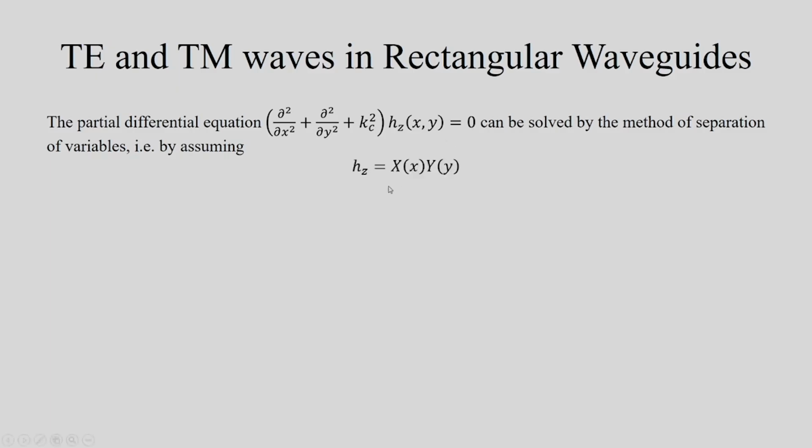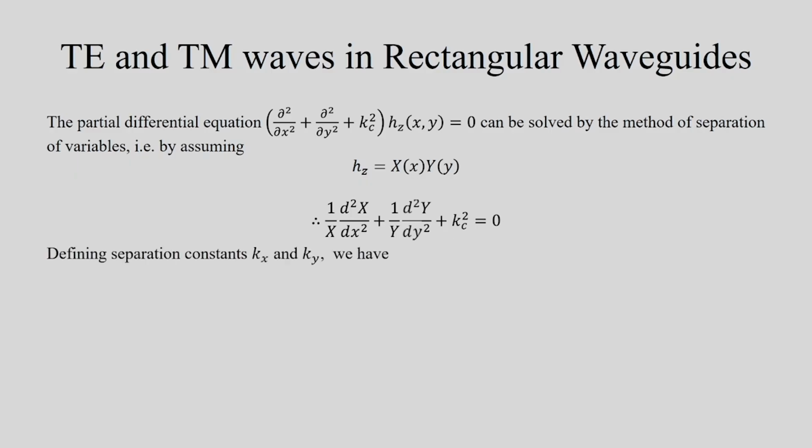That is, we assume that hz can be expressed in the form X(x) into Y(y), and then substituting for hz and dividing both sides by XY, we get an equation of this form: 1 by X d square X by dx square plus 1 by Y d square Y by dy square plus kc square is equal to 0.